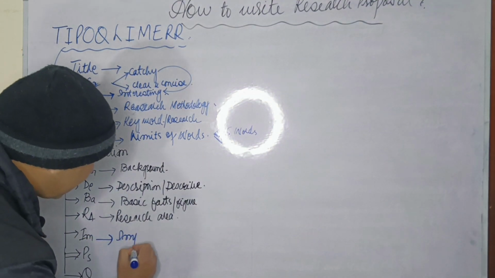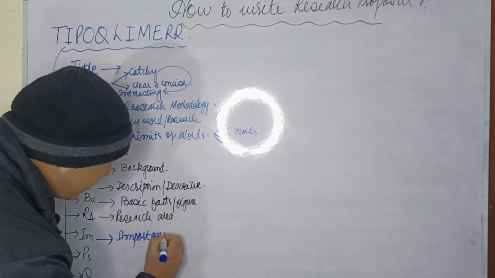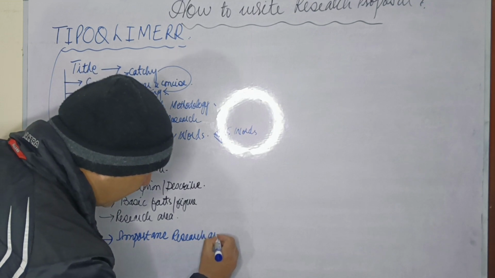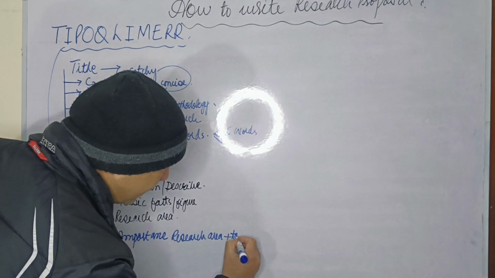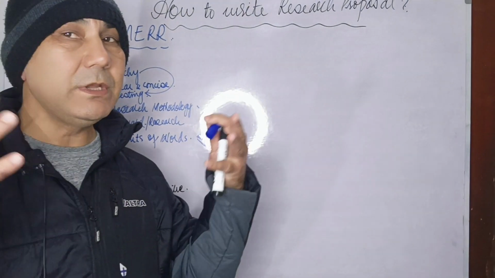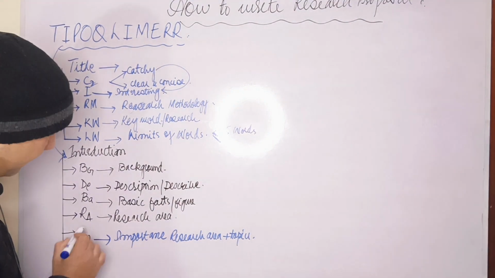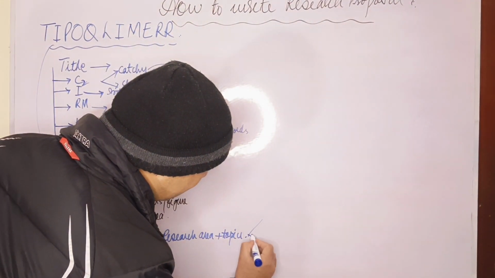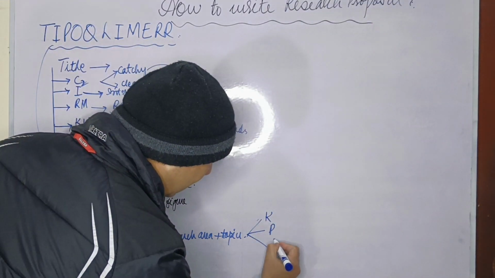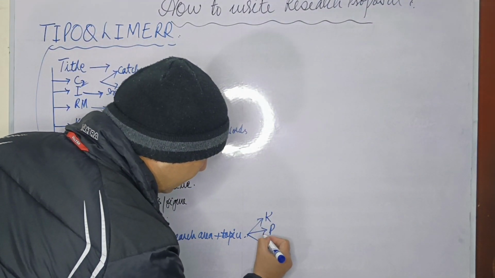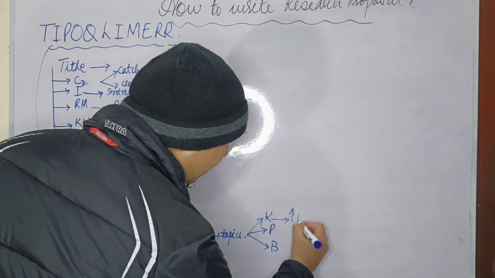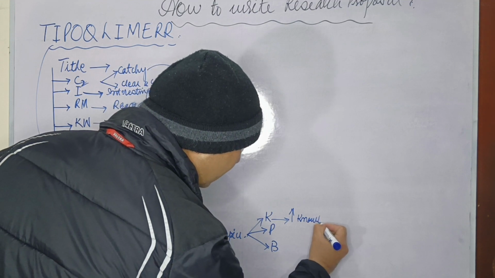What is the importance of your research area and topic? Why is it so important? For this importance you should always keep another mnemonic: K, P and B. K: how it is important to increase the knowledge in the body of knowledge.